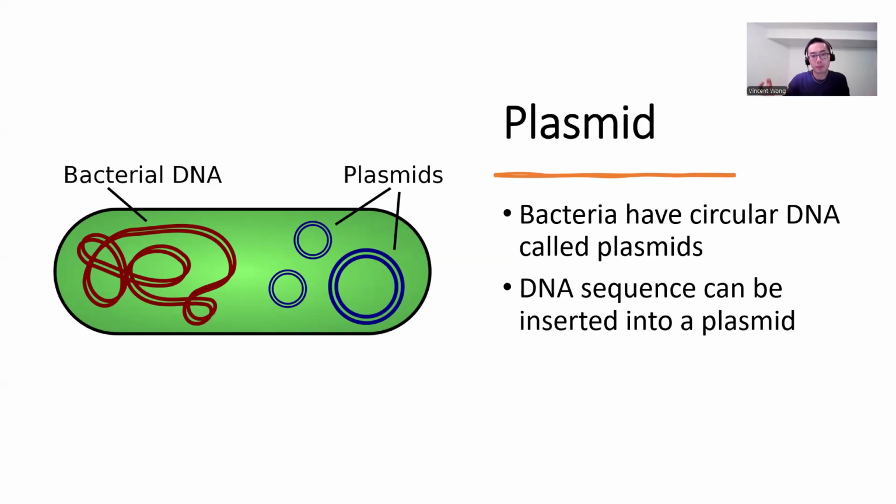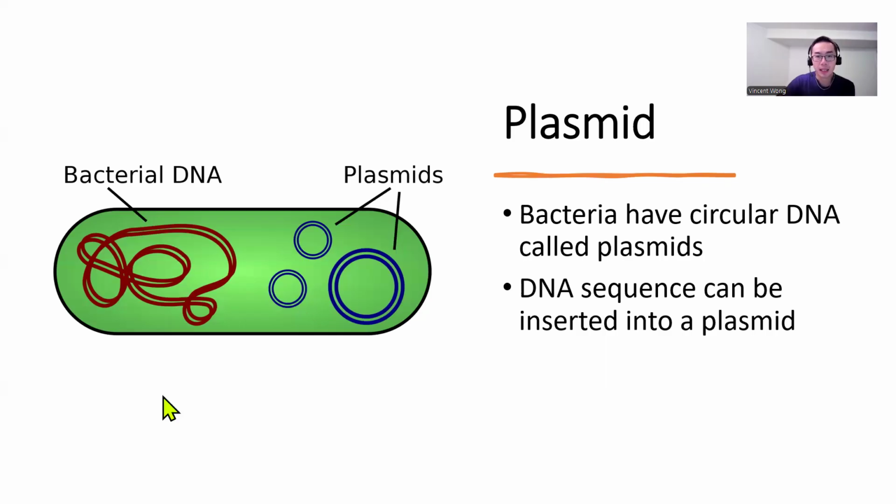Generally, bacteria can exchange plasmids with each other, or they can pick them up from the surroundings. Let's say one bacterium dies and breaks down and its plasmid is just floating around in the environment, and another bacterium can come along and pick up that plasmid directly.